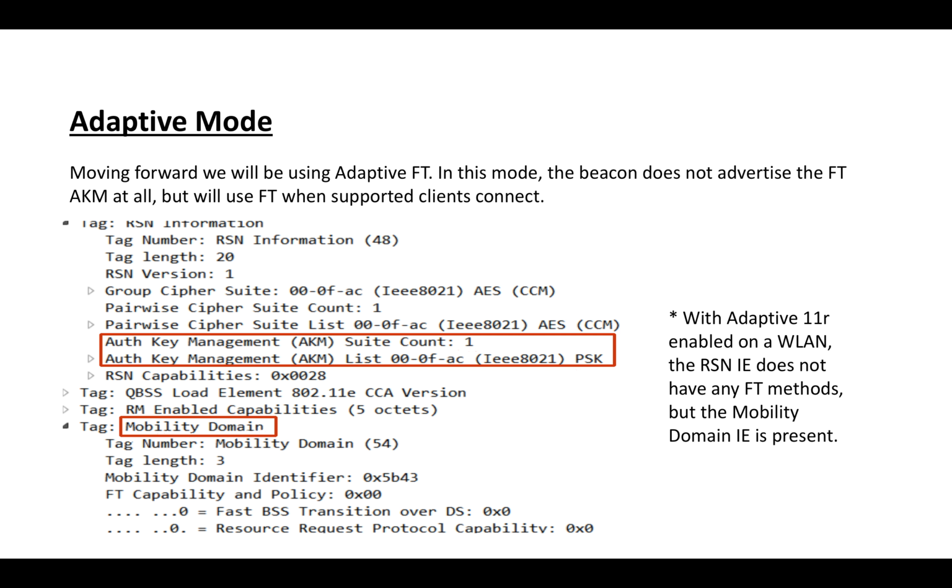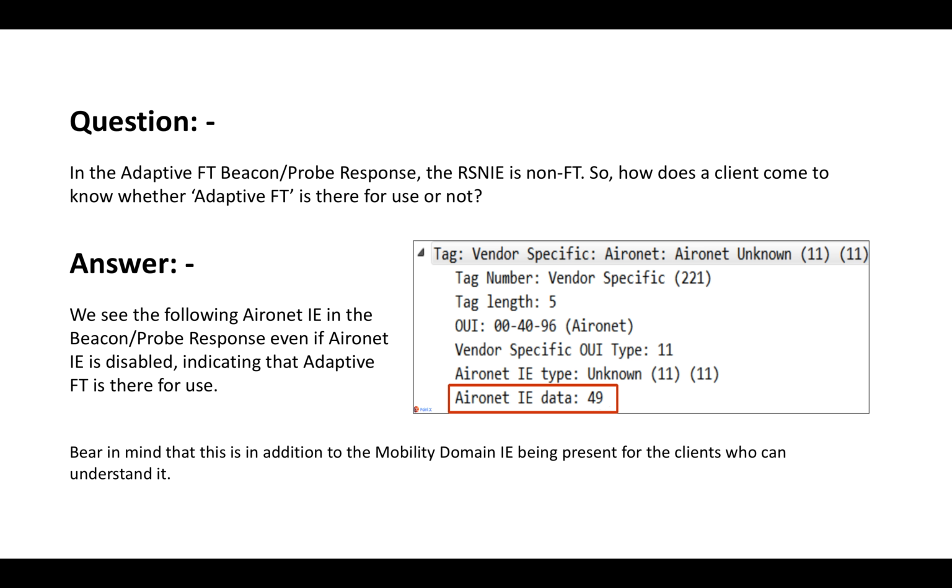That way the client can actually come to know that adaptive FT is supported. There's another thing. If you're looking at the beacon or the probe response, there's something called the AeroNet IE data. This is the little kind of Easter egg that tells the client that adaptive FT is supported. Now, there is another question.